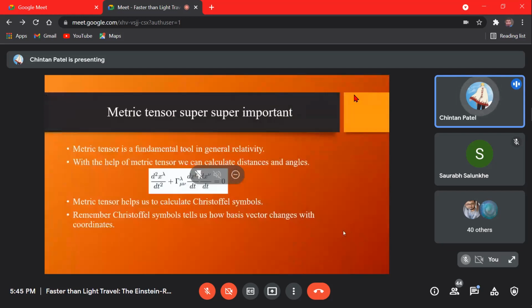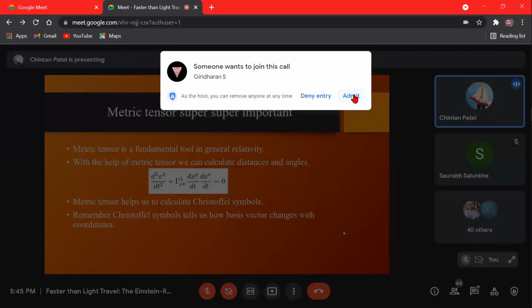So yes, the metric tensor, as I told you, is a very important tool. As of now we were measuring changes in the basis vectors at different points, but you still don't know the distance between those 2 points. So how do you calculate distances and angles? All this is with the help of the metric tensor. It is a bit of math, but we will not go into very much detail.